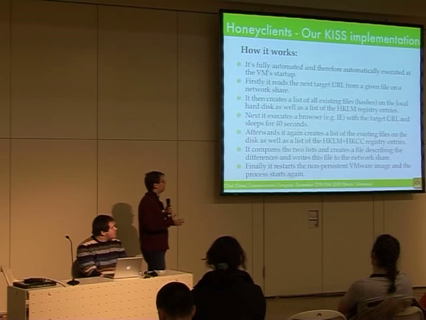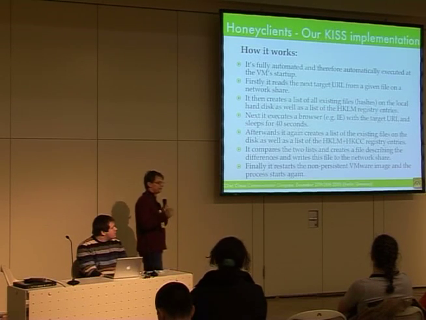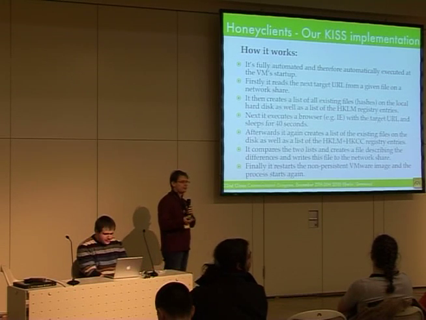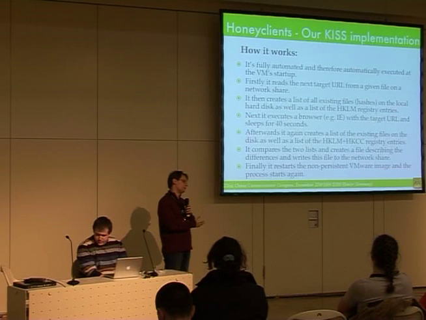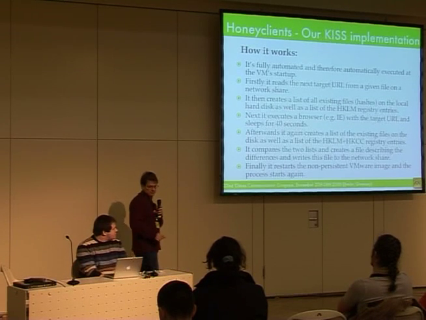Then it starts the browser with that URL, waits a little bit, makes another image of the system and compares it. Of course, if the image before and after is not the same, then we have found something.